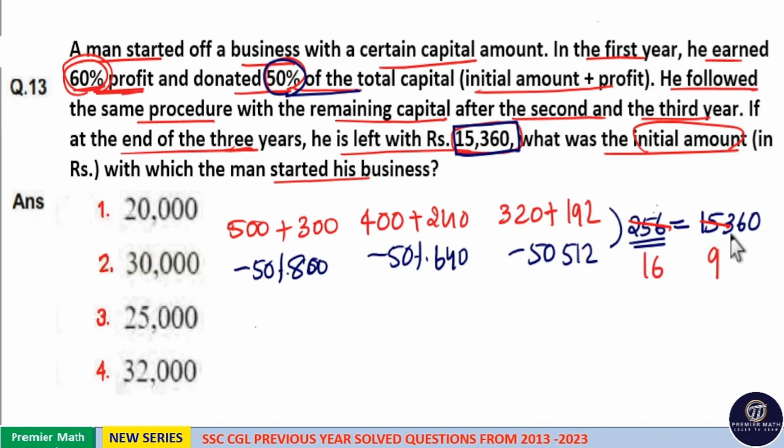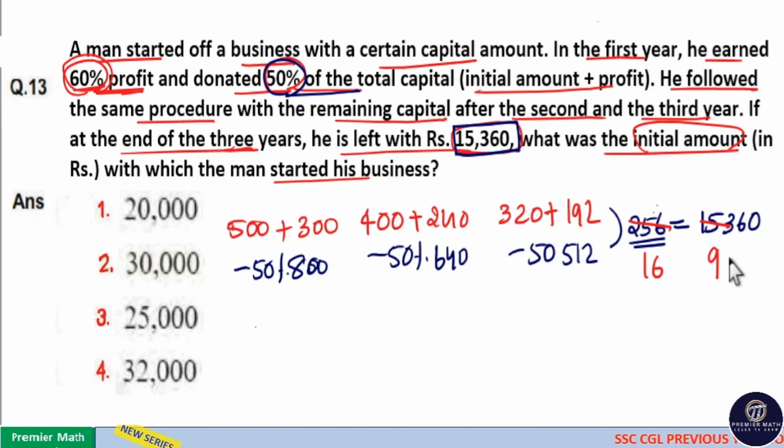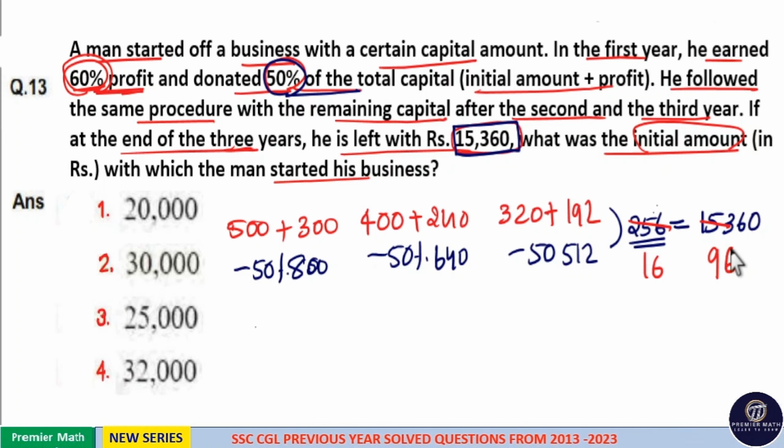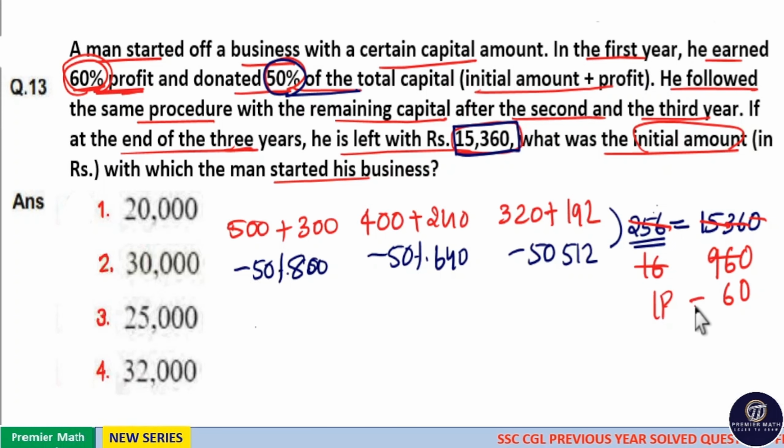So remaining is 96. So 16 into 6 is equal to 96. Remaining is 0. So 1 rupee is equal to 60 rupees.